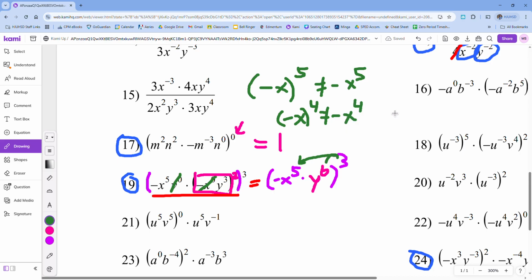And that's the whole property of odd and even functions, which we don't get to in IM3, not very much. So you can just ignore that. But there's a nice little extra tidbit if you care. So after you distribute that, all we really have is minus x to the 15th times y to the 18th. And that's it for that one.